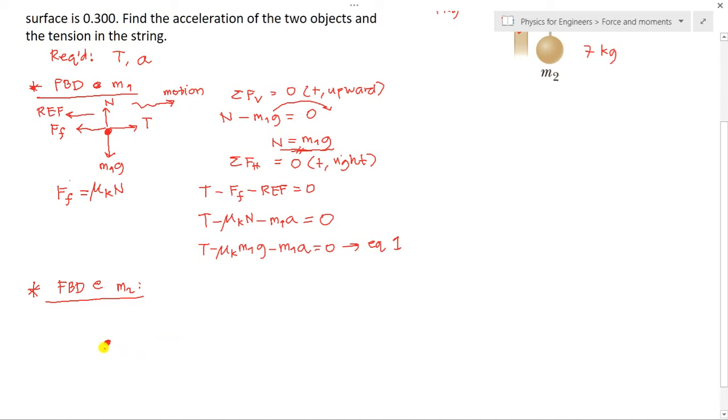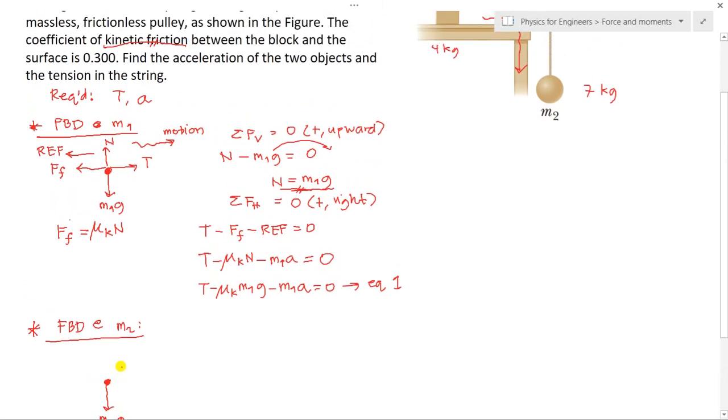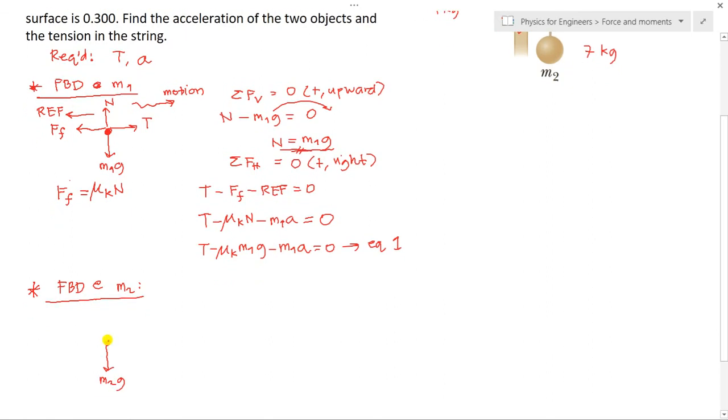Then next, the forces. First is the gravitational force of mass 2, so that is mass 2 times G. What else? Since it is attached to the rope, we have tension pointing upward. So that is T. Again, class, the direction of our motion is downward, because it is pulled downward. So this would be our motion.